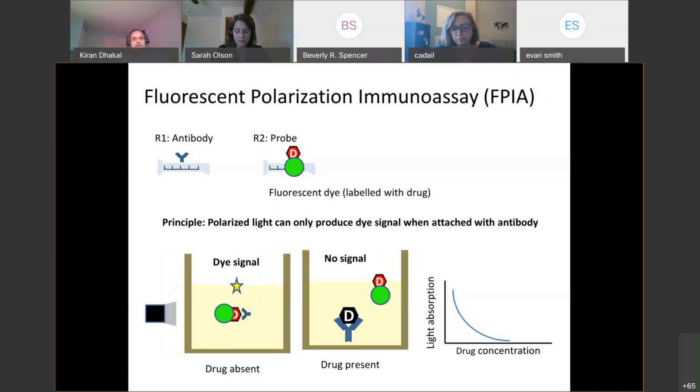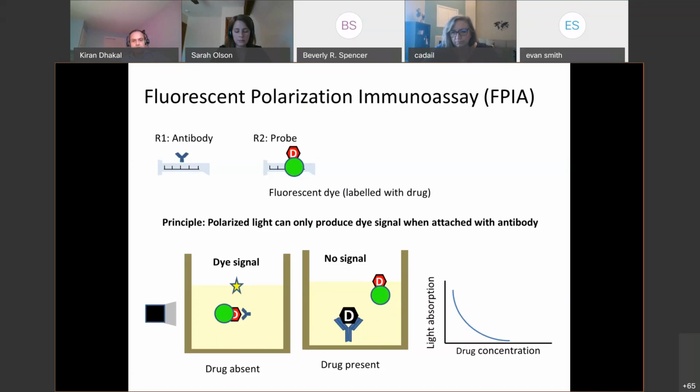Another very less commonly used assay is fluorescent polarization immunoassay. In this case, the assay uses a probe which has a kind of dye, and the dye is labeled with the drug of interest. And same principle, if drug is absent, the antibody will capture the probe, and that will give a distinct light absorption.